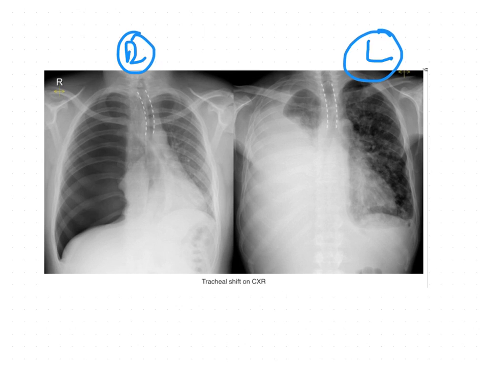The tracheal shift indicates the mediastinal shift, in the superior mediastinum. The dotted lines indicate the shift of the trachea. This is the midline, but the trachea is shifted towards the left side in both cases.